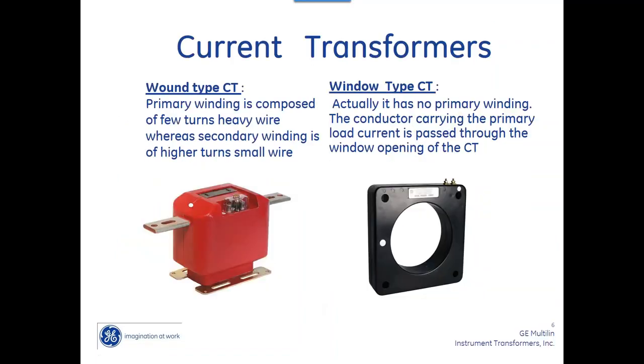There are 2 basic CTs that you'll run across. The most popular is probably a window CT, where we put the wire through the window, or occasionally on 5 kV, you'll actually see a bar type CT. They just connect to each side, and basically this has the equivalent of a donut inside that CT.